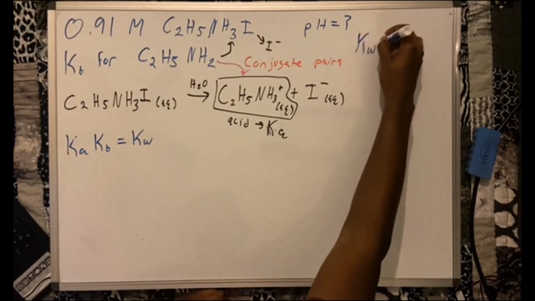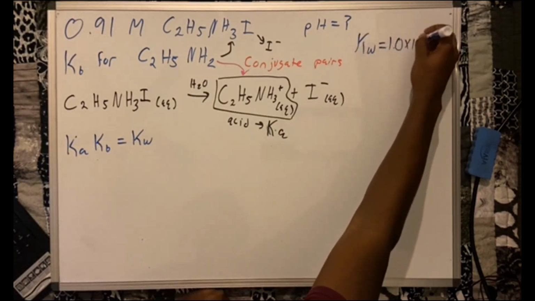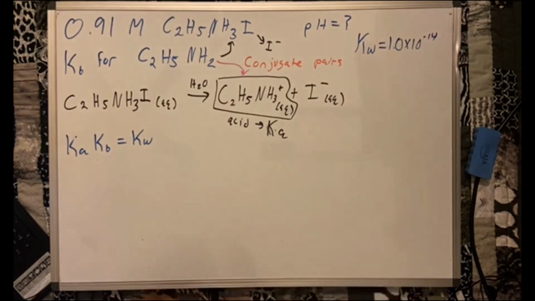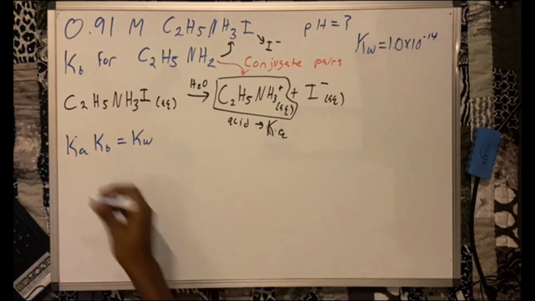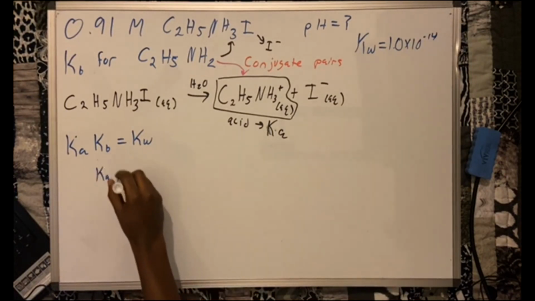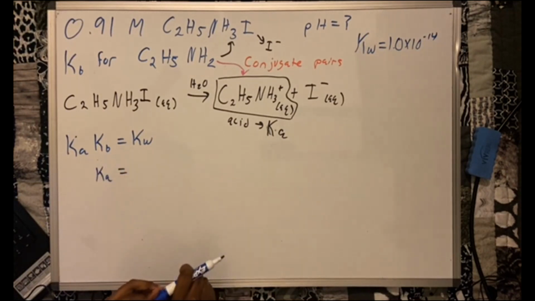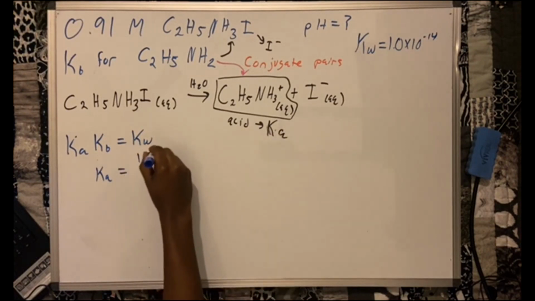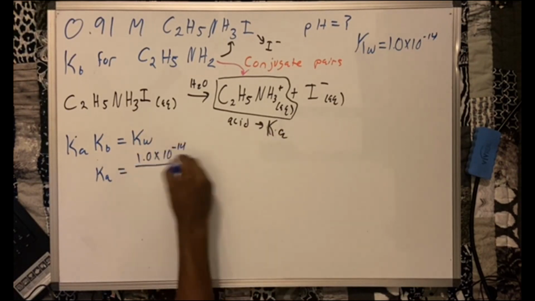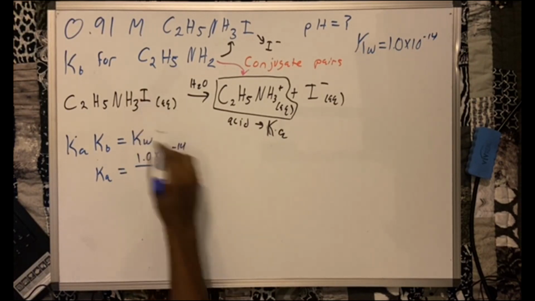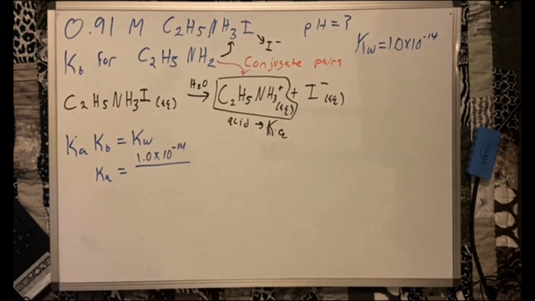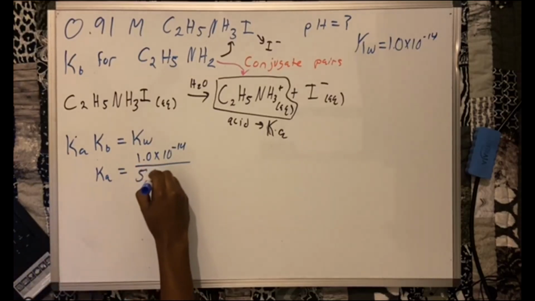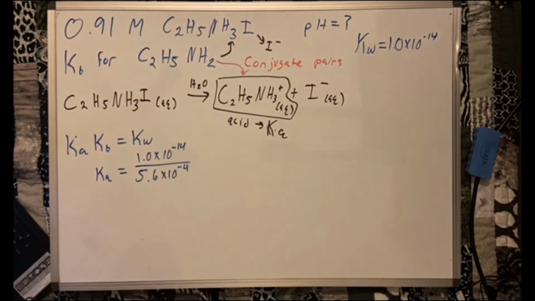Kw is 1.0 times 10 to the negative 14. Okay, so we can get Ka. Ka is the Kw, which is that, so 1.0 times 10 to the negative 14 over my Kb. I didn't even write it. Okay, good for me. 5.6 times 10 to the negative 4.